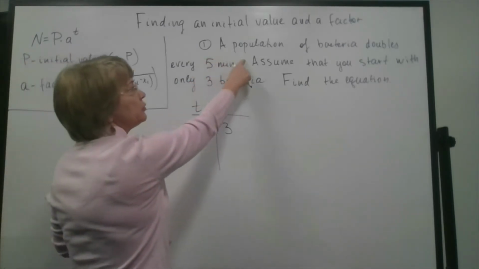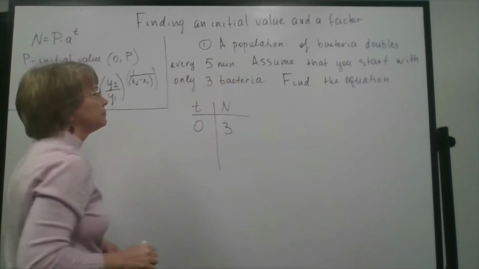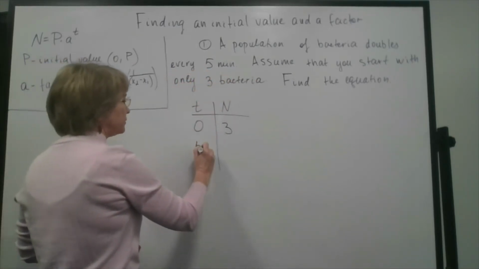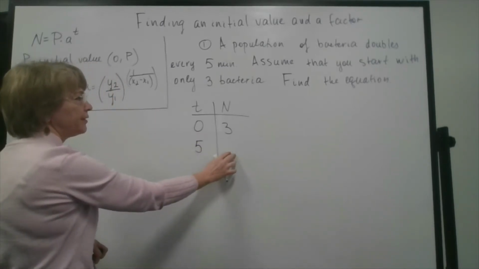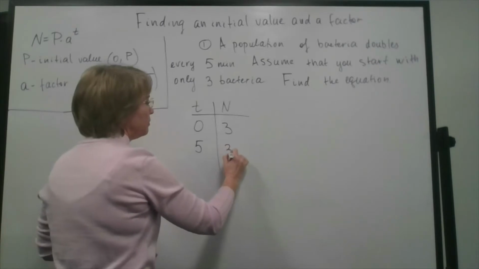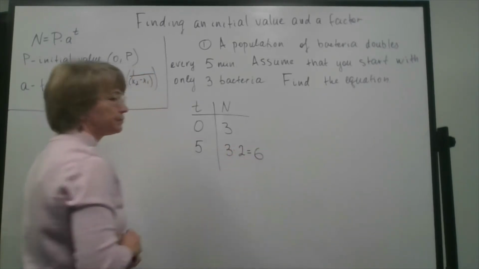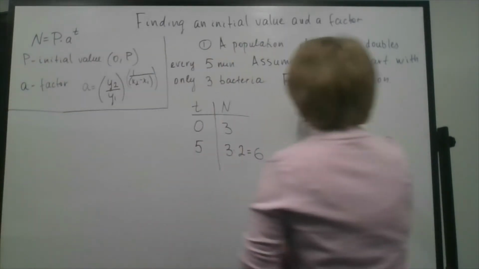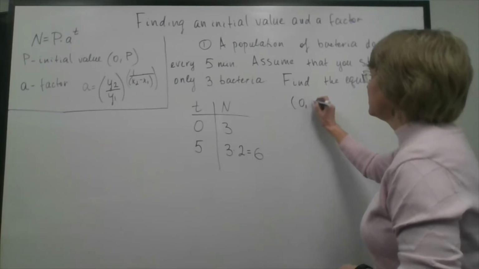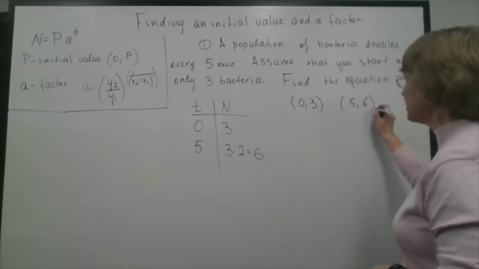A population of bacteria doubles every 5 minutes. So after 5 minutes, how many bacteria will we have here? Double means multiply by 2 and it will be 6. In other words, we have 2 points, (0, 3) and (5, 6).